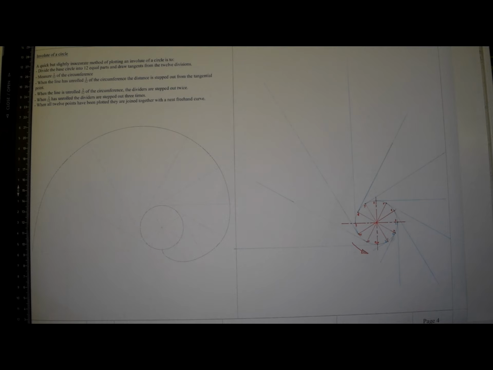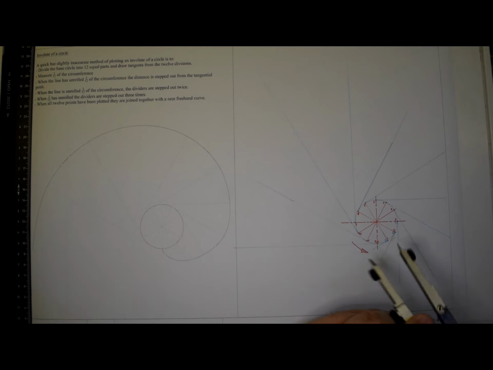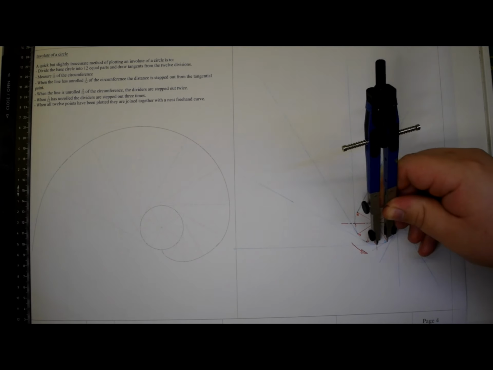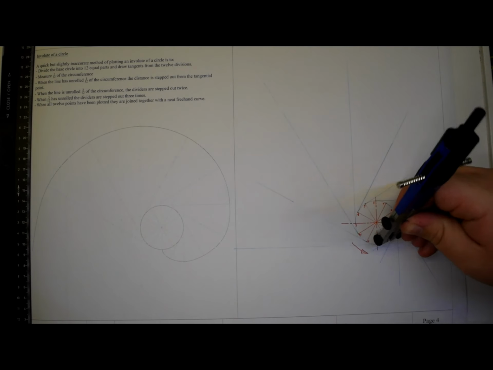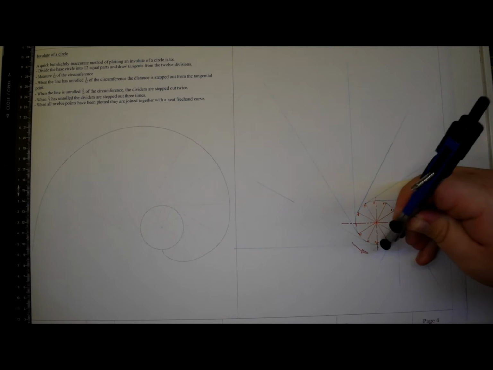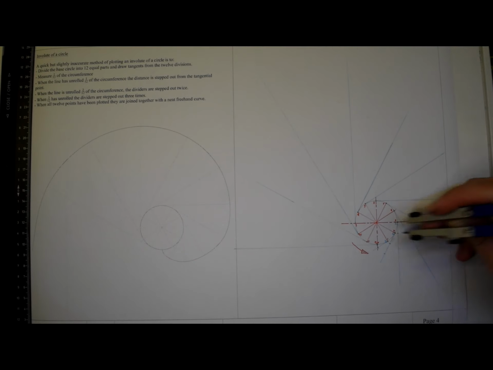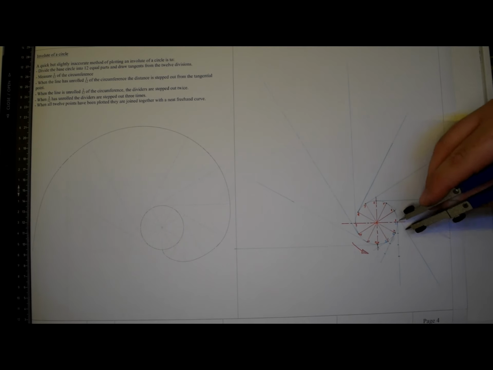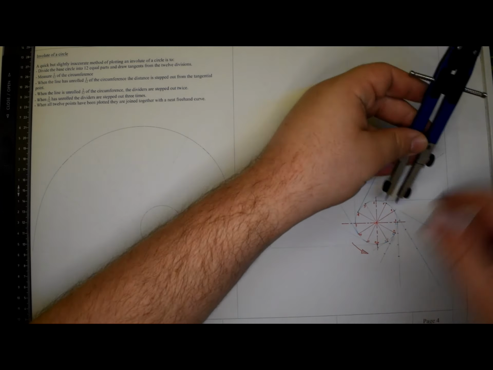After having done all the extension lines of the tangent, we must measure one part of the division. And from each point we must mark out all the divisions on the tangential line, the number of points that it is increased.